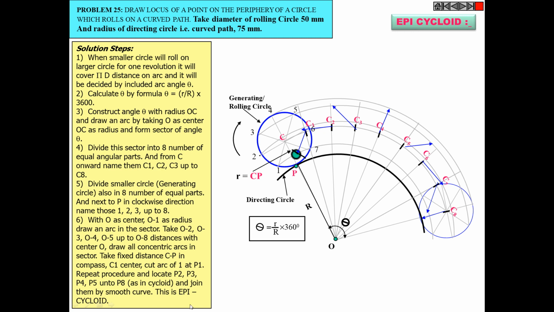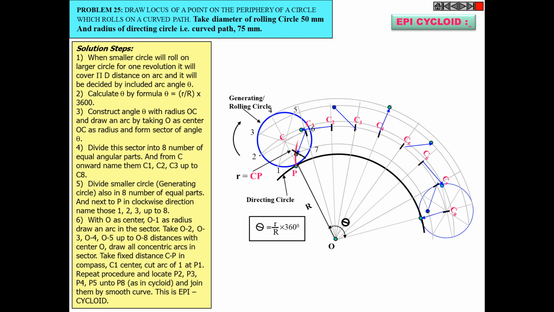Now let us mark these points: P1, P2, P3, P4, P5, P6, P7, P8. Now you have to use a proper French curve to join all these locus points.